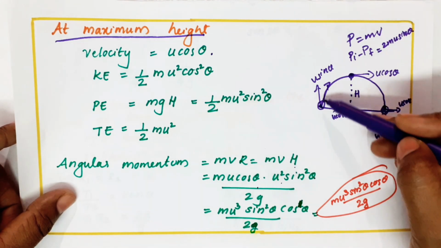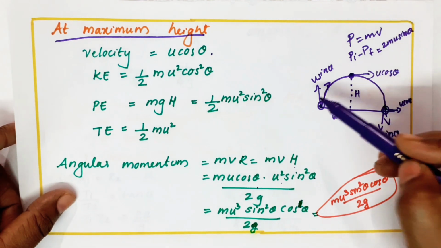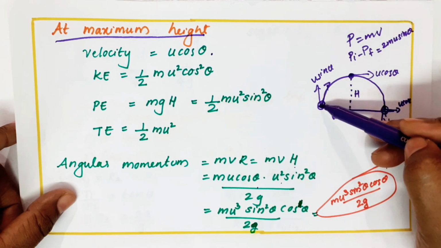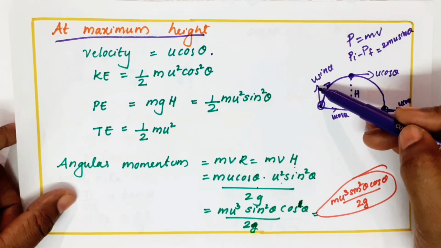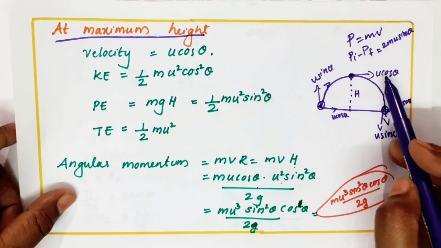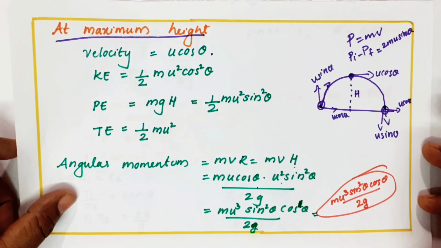Whether it's kinetic energy or momentum at a point, you should remember the velocity there. I'll repeat again. At the initial point, the velocities are u cos theta and u sin theta along x and y. At the highest point, we have only horizontal velocity. But at this point, I have u cos theta and u sin theta like this.